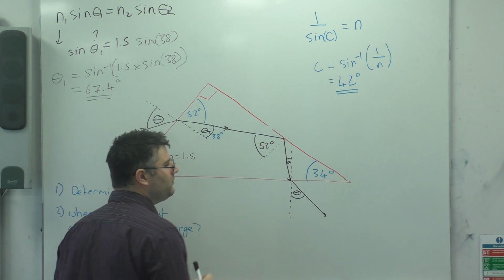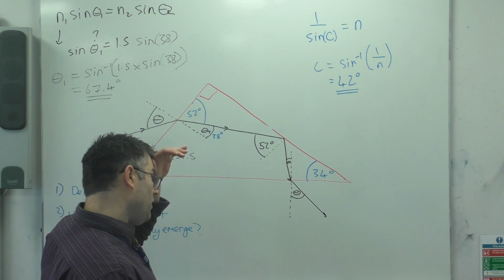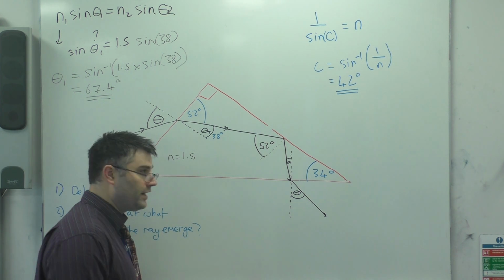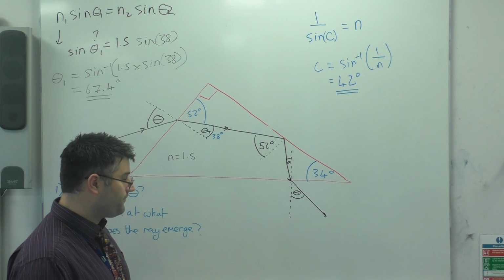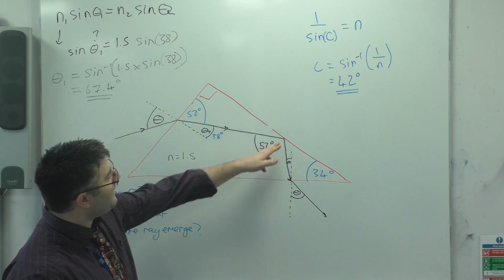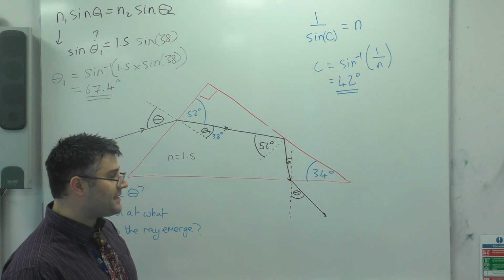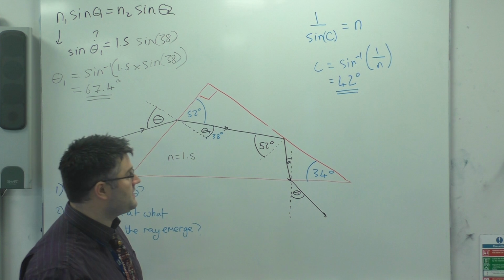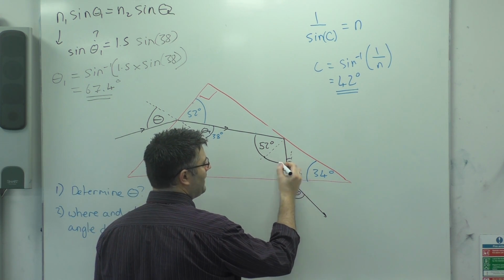Okay, so, interestingly enough, what other angles can we work out from this situation? Well, the ray is being reflected at this point right here. When rays are reflected, as you may or may not know from GCSE, the angle of incidence will equal the angle of reflection.